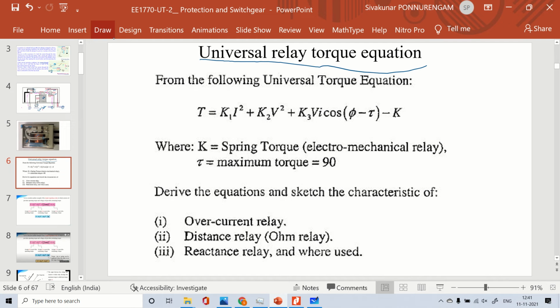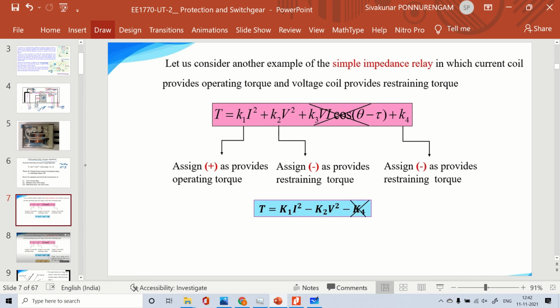Any relay that is going to operate needs an operating force, and next there is a restraining force or restraining quantity. These are the different combinations in the relay. So this equation contains the torque.